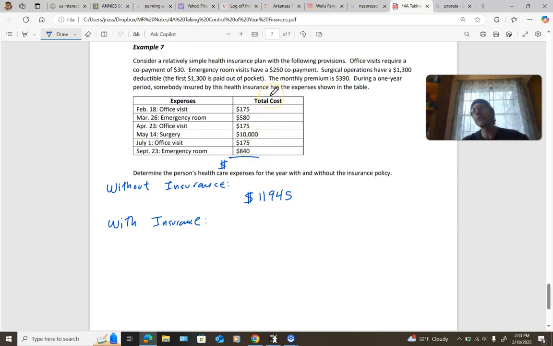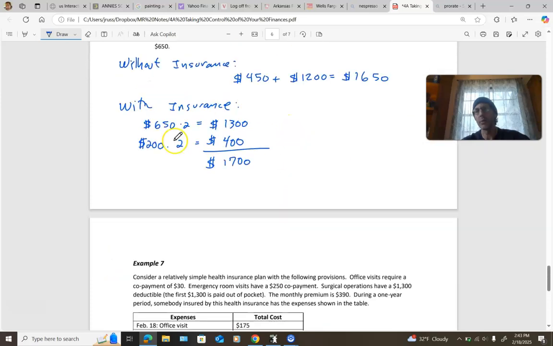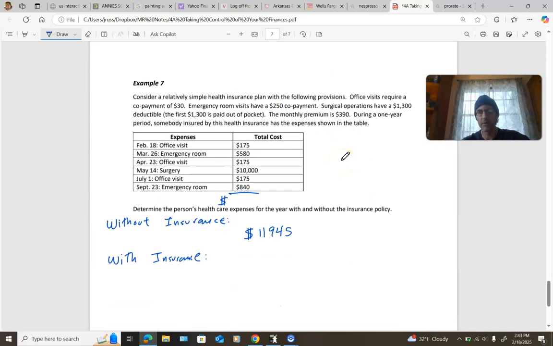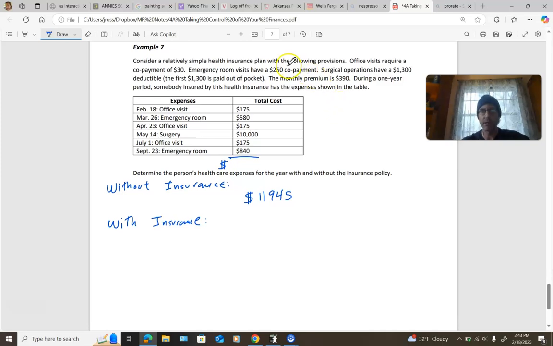Also, let me point out, you'll notice that even with insurance, you're still paying. Some people have the erroneous idea that having insurance basically allows you to do whatever you want and not pay anything. Okay. That's not what insurance is.